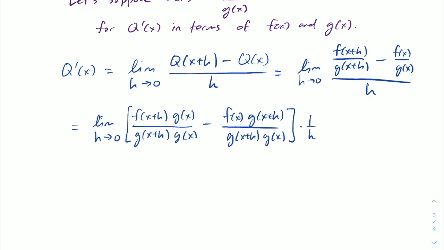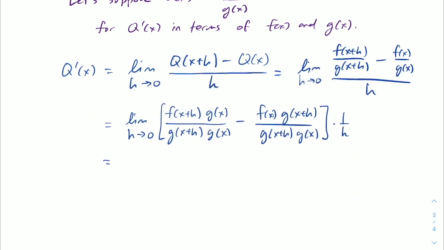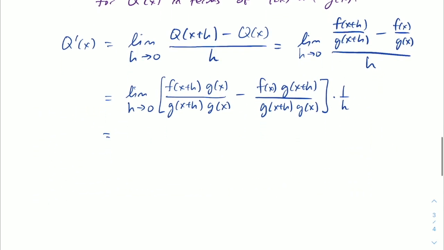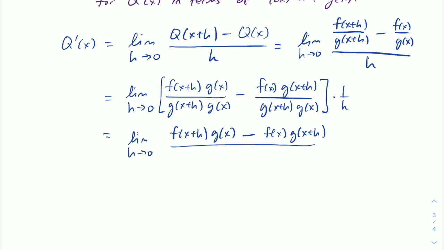So dividing by a number is the same as multiplying by 1 over that number. Okay, let me move this over so it looks a little nicer. There we go. Now we can combine the numerators. So we'll get f of x plus h times g of x minus f of x times g of x plus h all over g of x plus h times g of x, and we have this 1 over h.